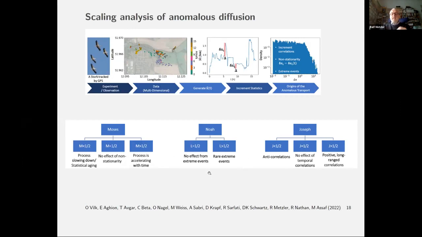We looked at different scaling exponents in the trajectories, and we could not confirm for these cases that the motion is related to Levy walks, but it was much more consistent with persistent motion, with fractional Brownian motion with a positive persistence.